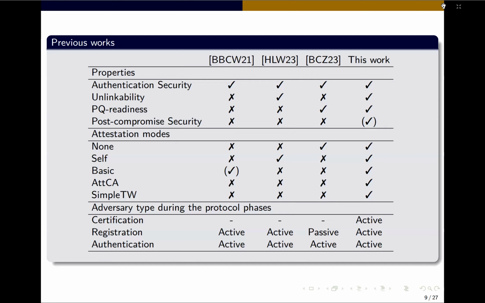Also, if you look at the top of the table, most of the analyses focused on authentication security, but not on privacy, so we also wanted to take a deeper look into it. Additionally, we look into other characteristics like post-quantum readiness or post-compromise security, and I will talk about post-compromise security later.